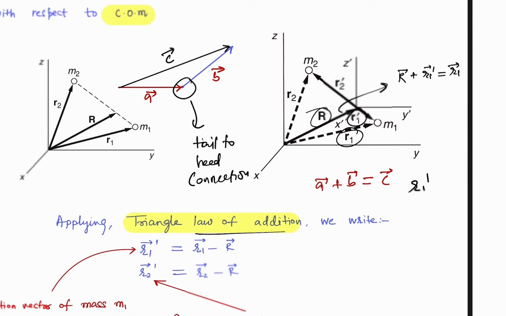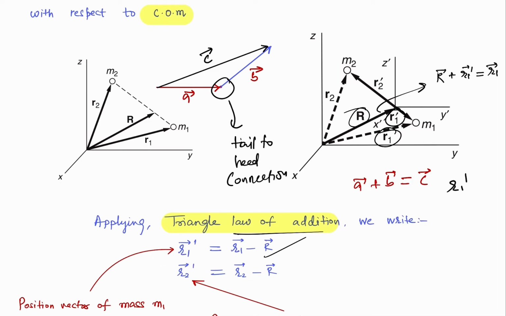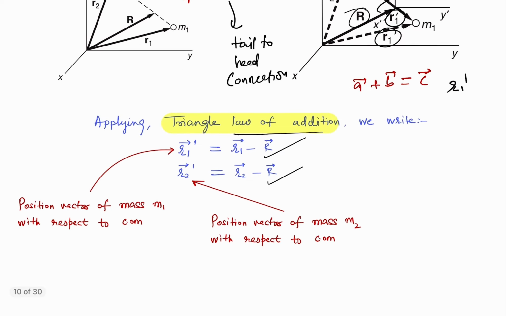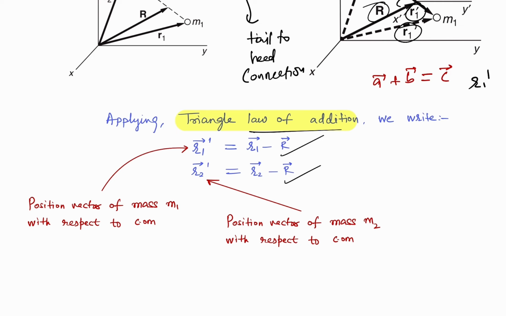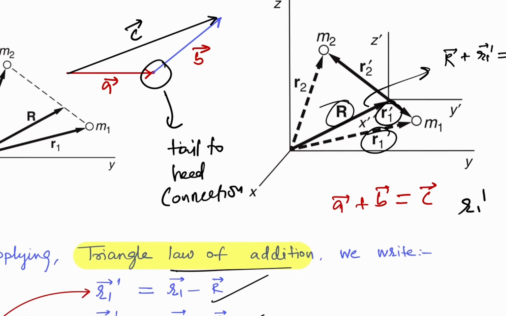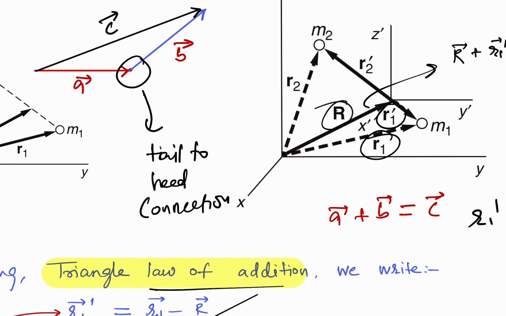From here we have written these two equations. In other words, let us say it is the position vector of mass m1 with respect to the center of mass, and the other one is the position vector of mass m2 with respect to the center of mass.